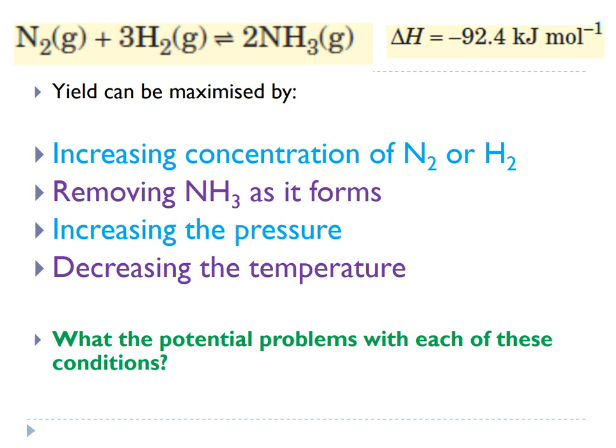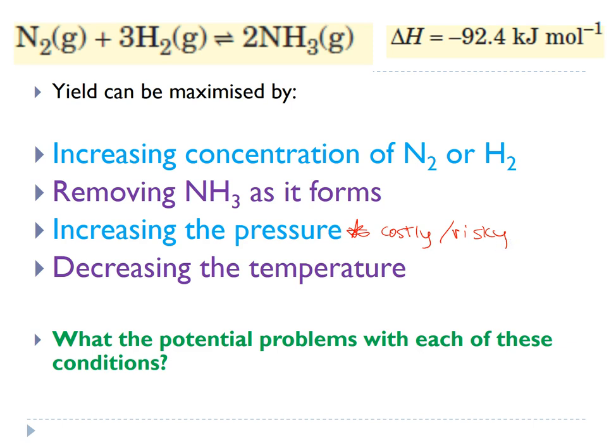If we think about this, we need to consider the potential problems with each of these. In particular, decreasing the temperature will decrease our rate of reaction, so that's not something we necessarily want in an industrial process, to make it go slower. Increasing the pressure is always very costly. It's also very risky. Okay, it's quite dangerous to increase pressure. It has a high cost associated with it.